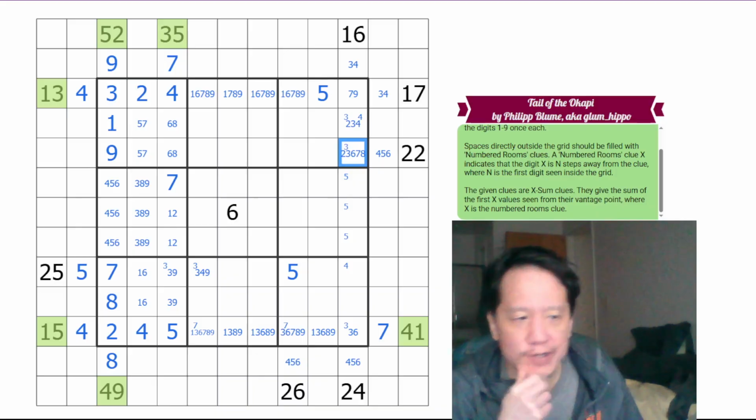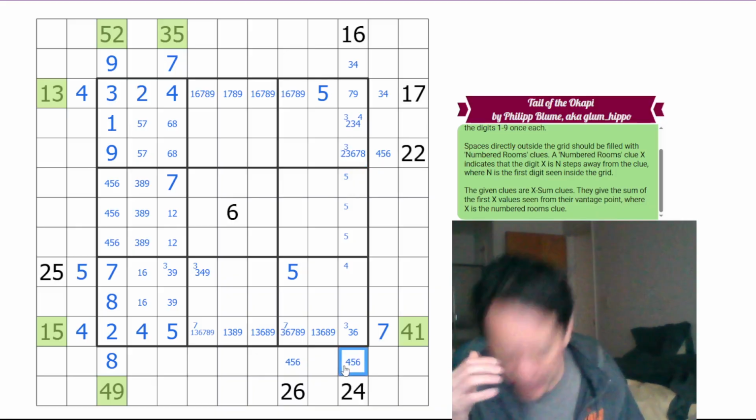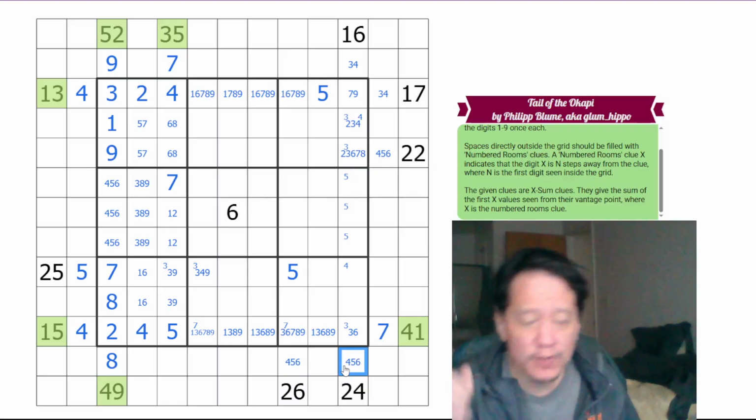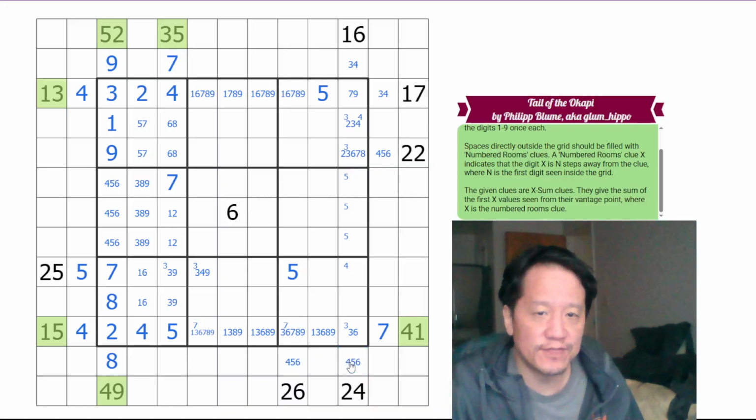Not helpful. Okay. What about this? If we look at this way. If this is 4, that would mean this is 3, and then this would be 4 here. So that's way too small. 4, 3, and 4 add up to 11. So again, if this is 3, this is 9, this is 4.